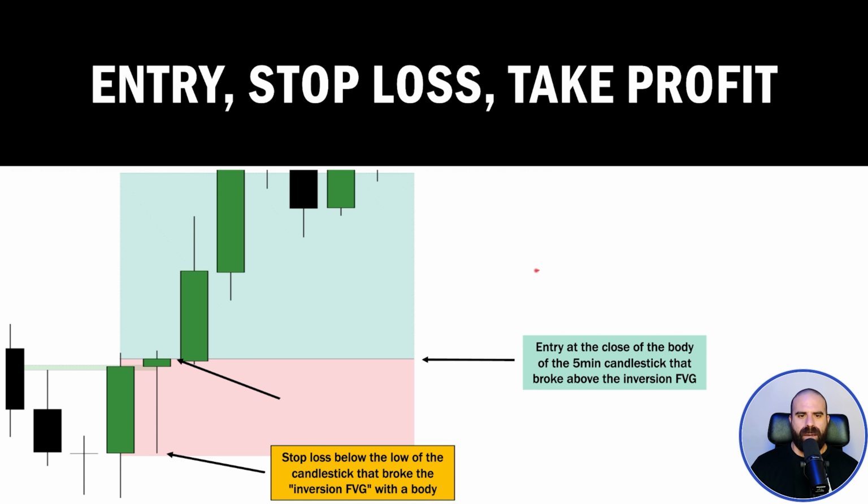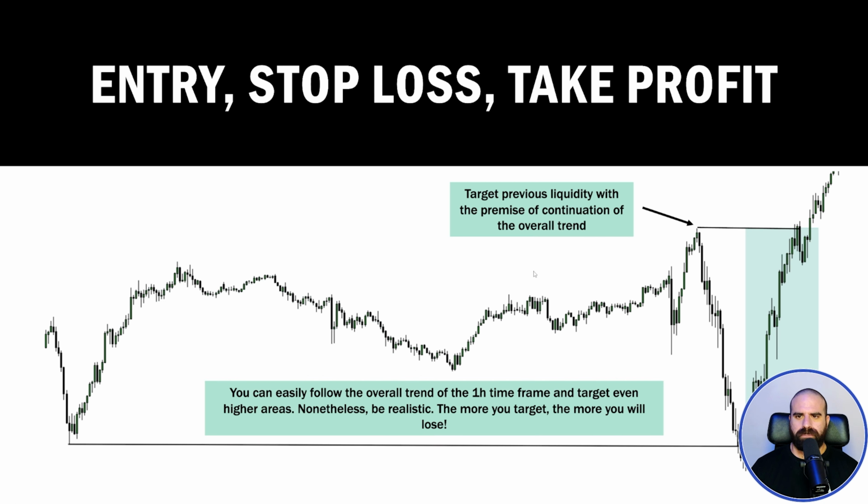Okay, so let's go ahead and proceed now. There you go. What am I saying here? You can easily follow the overall trend of the 1 hour time frame and target even higher areas if you want. Nonetheless, be realistic. The more you target without closing any partials, the more you will lose. The more price will come back and reverse and stop you out.